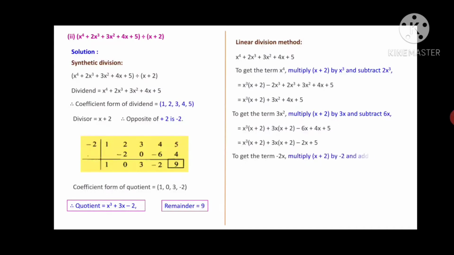To get the term minus 2x, multiply x plus 2 by minus 2 and add 4. Therefore, you will get x cube into bracket x plus 2 plus 3x into x plus 2 minus 2 into bracket x plus 2 plus 4 plus 5. Friends, here you can take x plus 2 as common, and from the first three terms you will get in another bracket x cube plus 3x minus 2, plus 9.